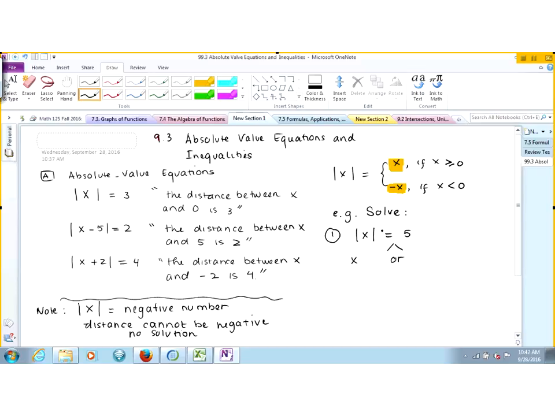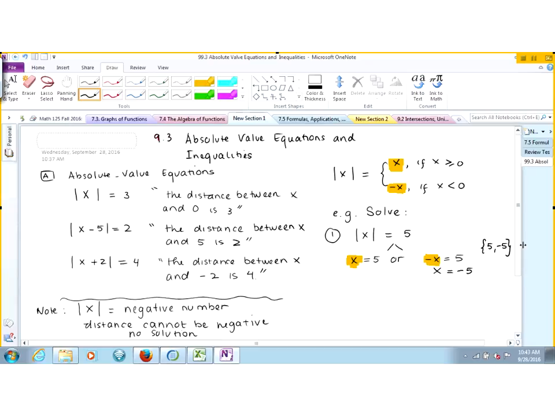I have to replace my absolute value by x and negative x. So x is equal to 5 or negative x is equal to 5. Always I have two expressions to replace my absolute value. So x is equal to negative 5. How many solutions? 2 solutions. What are they? 5 and negative 5.